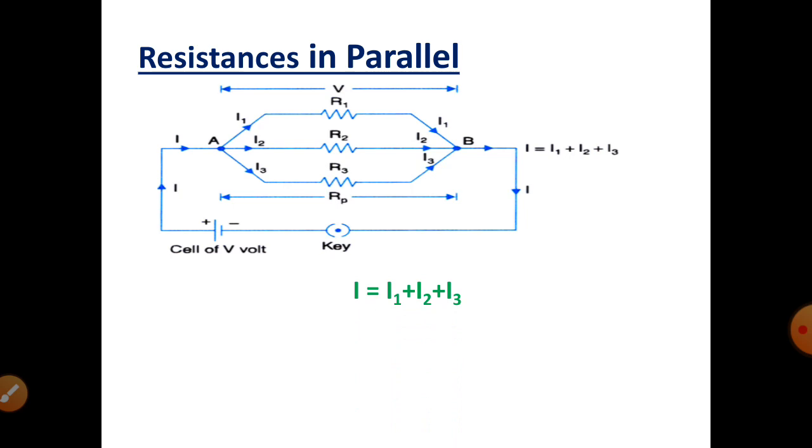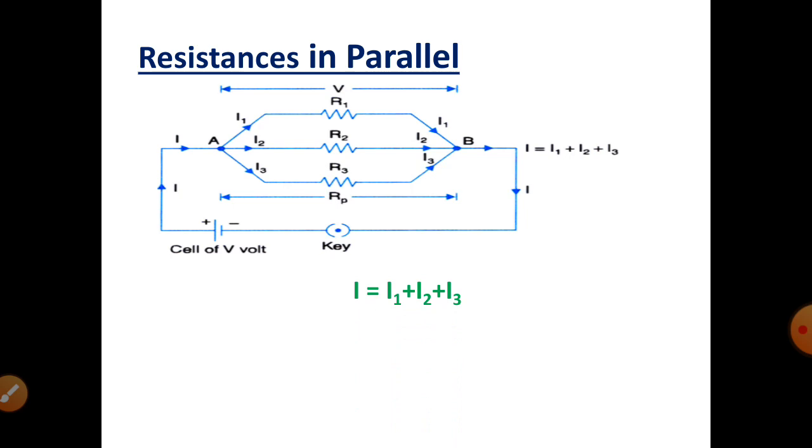And for R3, I3 is equal to V upon R3. If the effective or resultant resistance of this combination is say Rp between A and B, then for Rp the current through the total combination is I and the potential drop across AB is V. So we can write I is equal to V upon Rp.